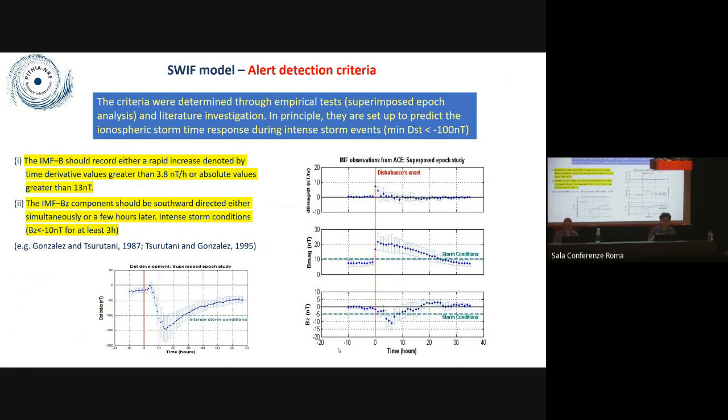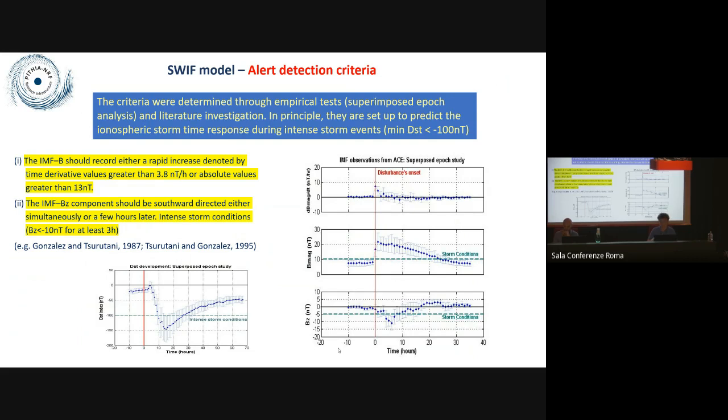The second criterion is that the IMF Bz component should be southward directed, either simultaneously with the B increase or a few hours later. For intense storm conditions, we consider that these occur when the Bz is less than -10 nanotesla for at least 3 hours.